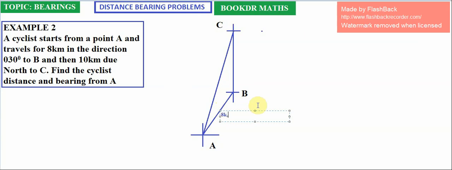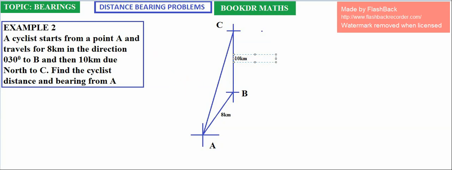If you want to use scale drawing, you draw the diagram to scale, but you write the correct measurement. So here will be 10 kilometers. The only angle provided was the 30 degrees.